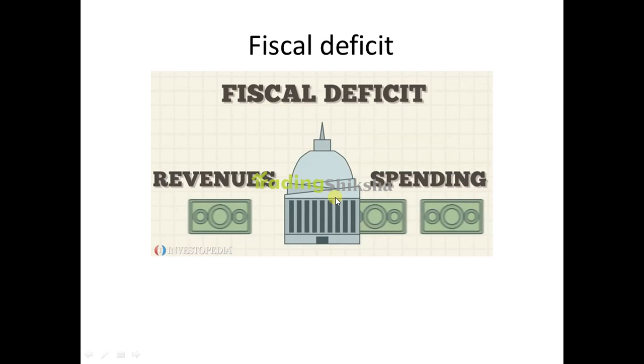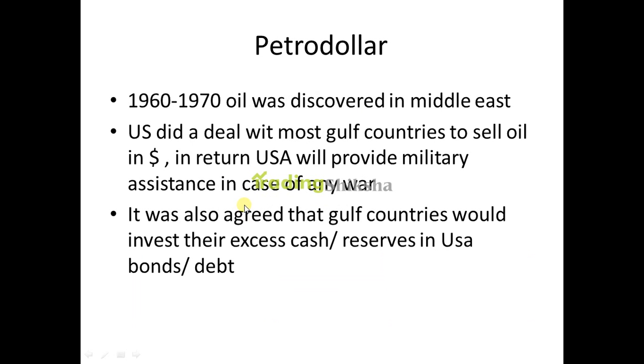And generally, if it is continuously incurring more and more fiscal deficit, then it would have a hard time finding buyers for its bonds. But in the case of the US, because of this agreement, there was no problem finding buyers for their bonds.